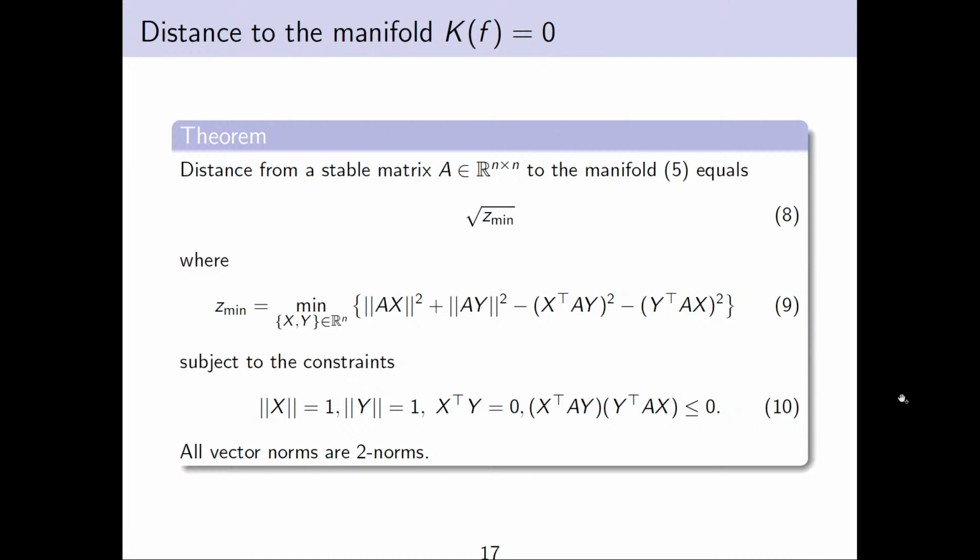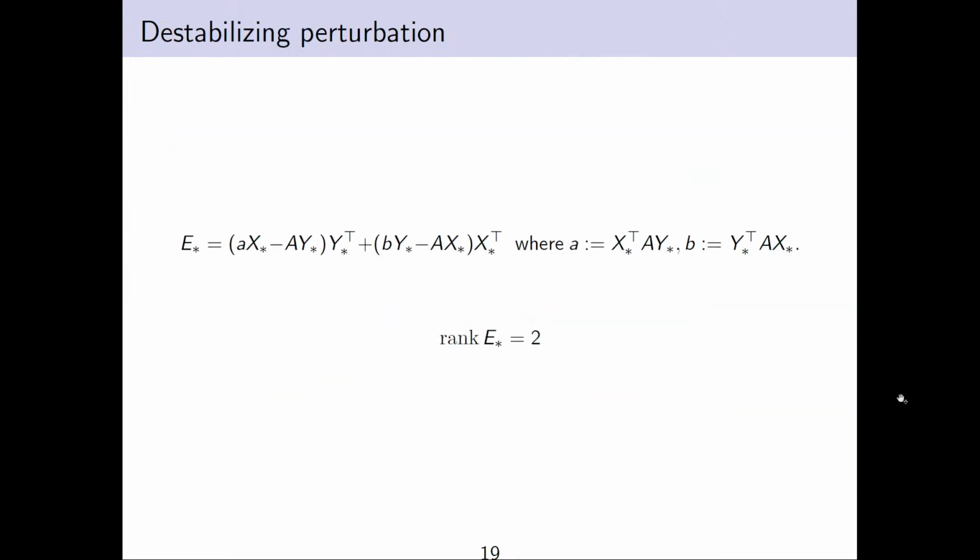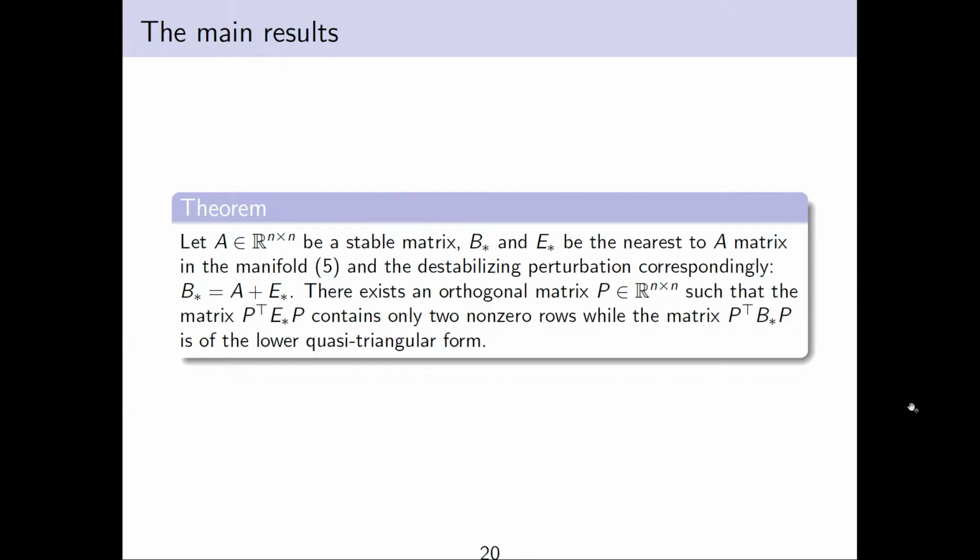And the problem is to find the minimum of this function. We have obtained this theorem that connects the structure of the given matrix, the perturbed matrix B that we have to find, and the destabilizing perturbation in a certain orthonormal basis.